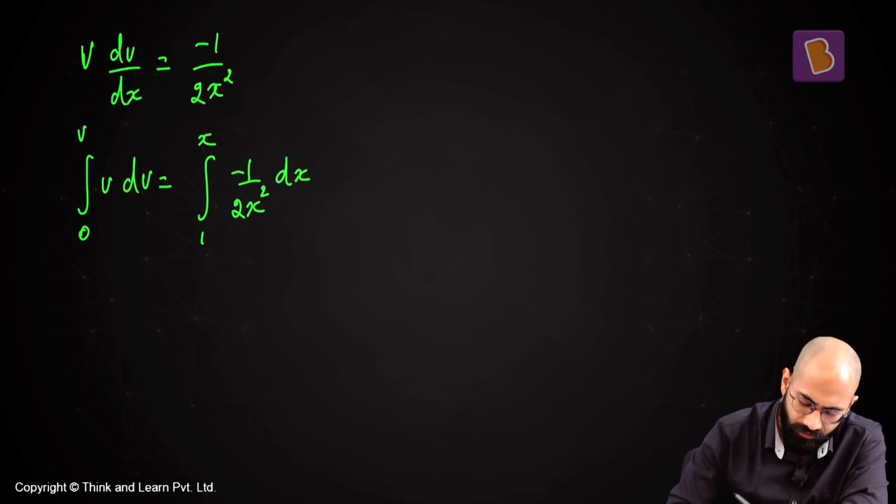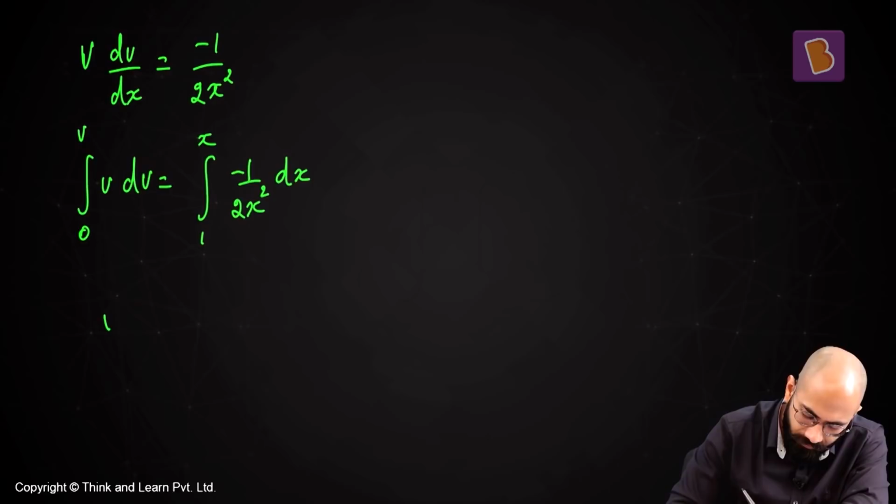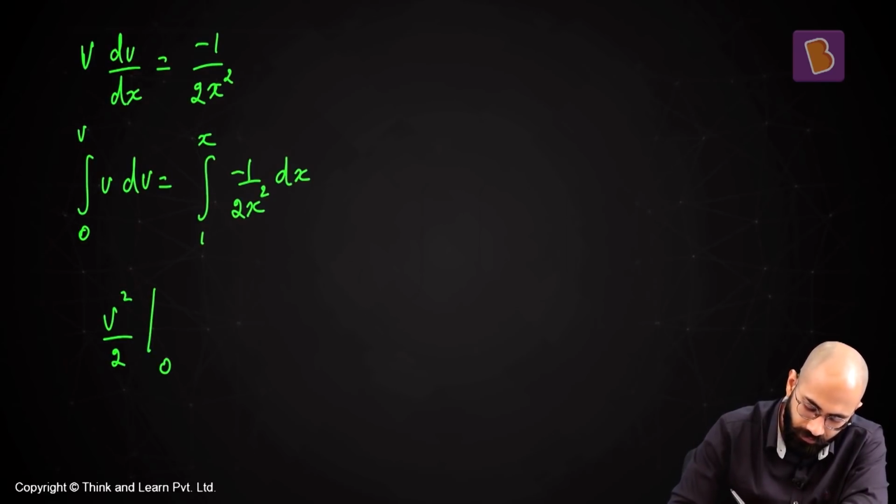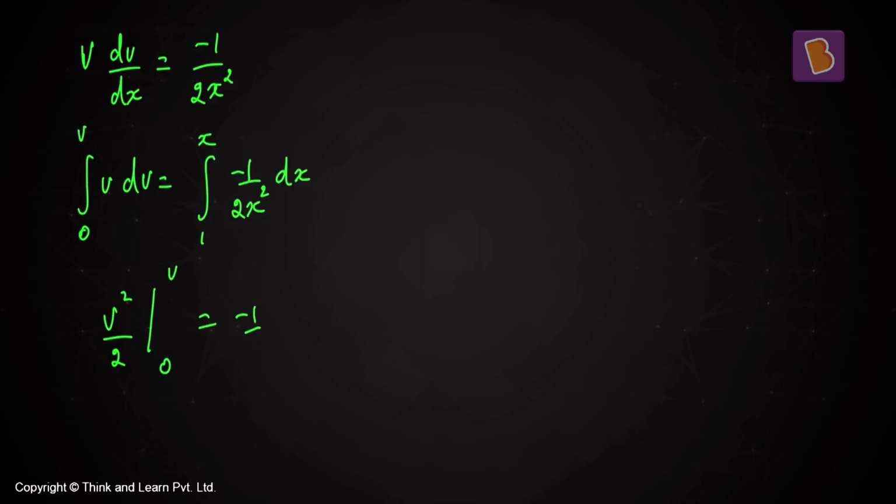So now let's integrate. So integral v becomes v squared by 2, where this varies from 0 to v, minus 1 by 2.